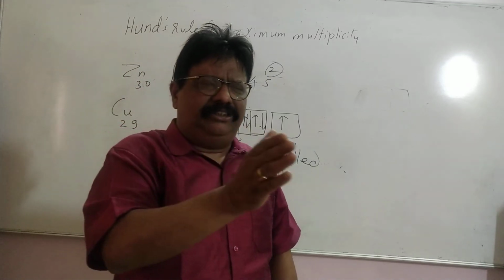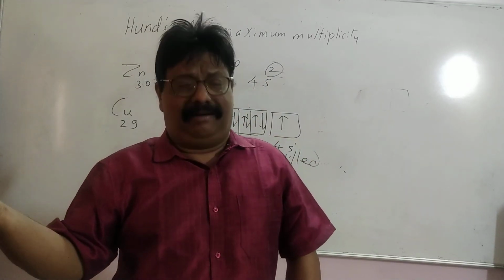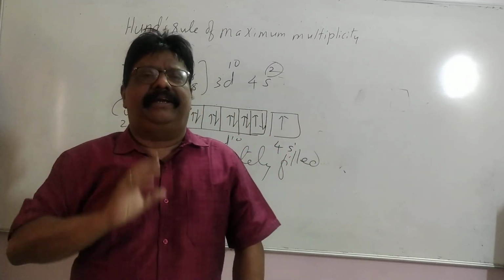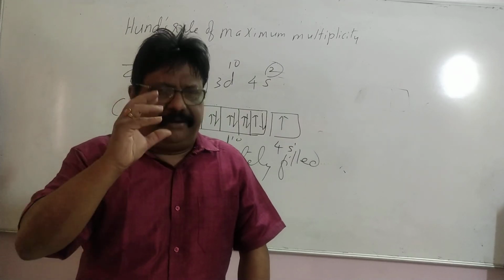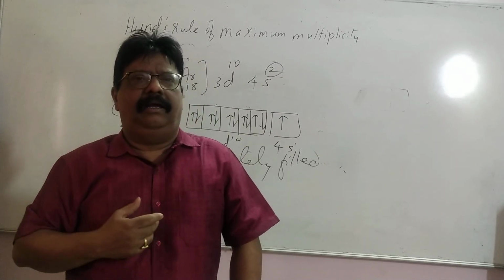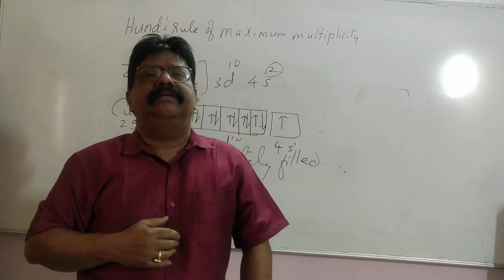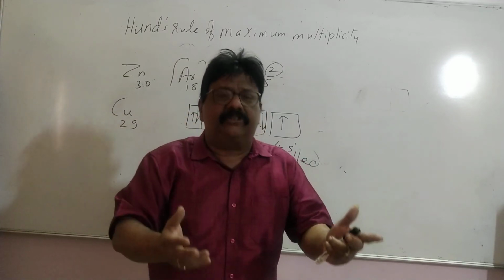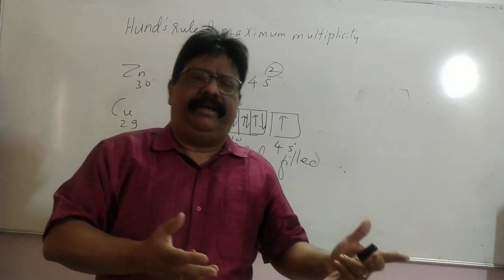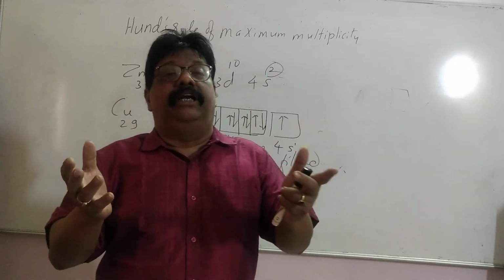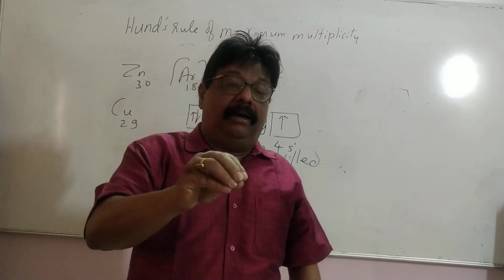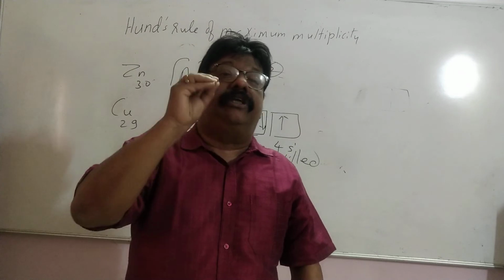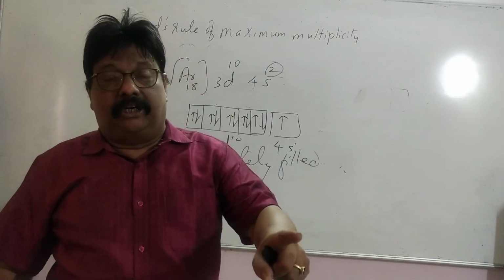Give one electron to each, then do the pairing. Then if half filled like p3, d5, f7, it will be more stable. If completely filled, p6, d10 or 14, if a completely filled electronic configuration comes, they are more stable than even half filled. So this is how we explain one of the most important principles of chemistry, atomic structure, called Hund's rule.